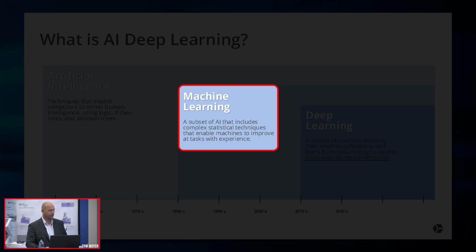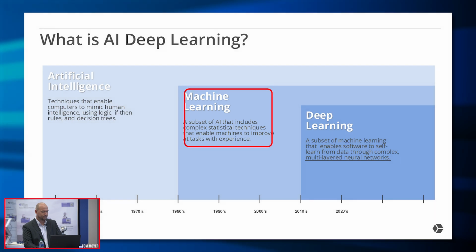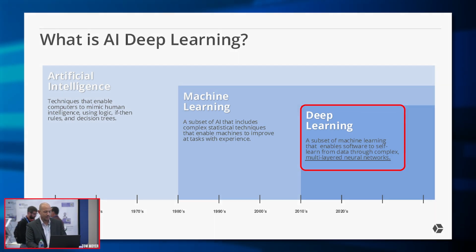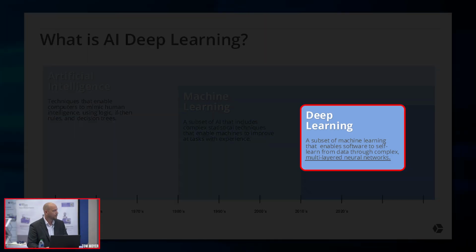That subset includes more complex statistical techniques that enable machines to improve tasks with experience. And then we have deep learning, a much more intelligent subset of machine learning that enables software to self-learn from data through complex multi-layered neural networks.